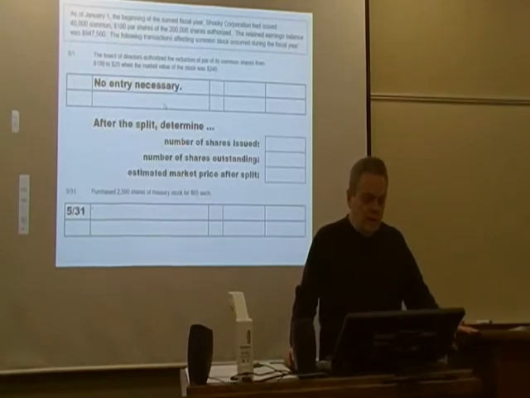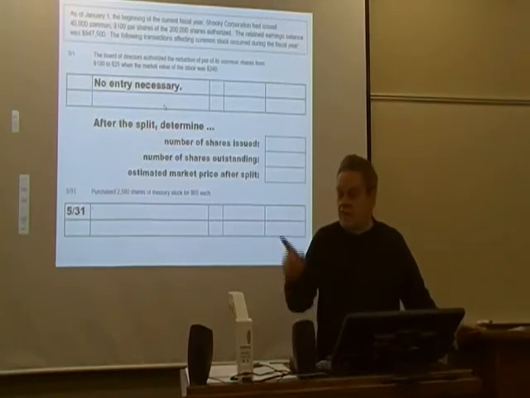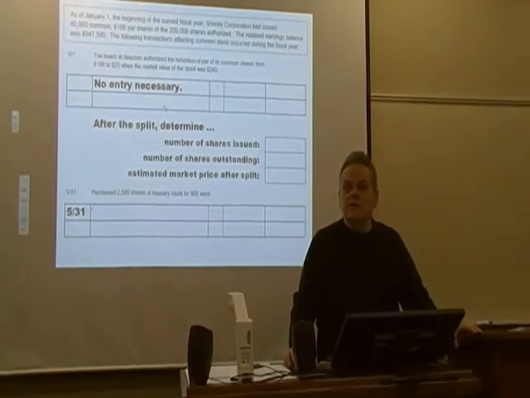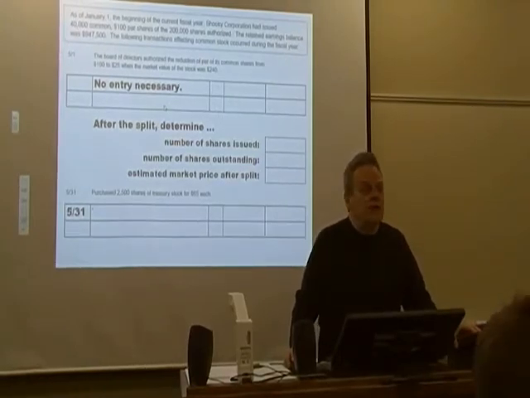Now, I'm curious about the impact that just happened. So let's make some calculations. Maybe the memo entry should include these new facts too. Like, after the split, how many shares were issued? Well, refresh my memory. How many shares were issued before the split? 40,000.